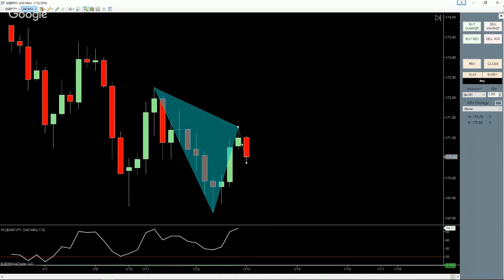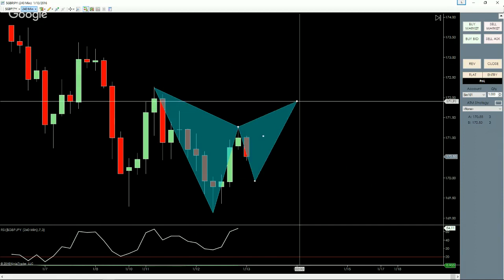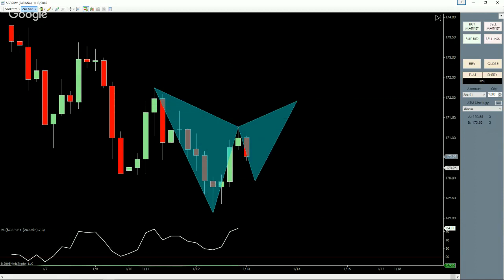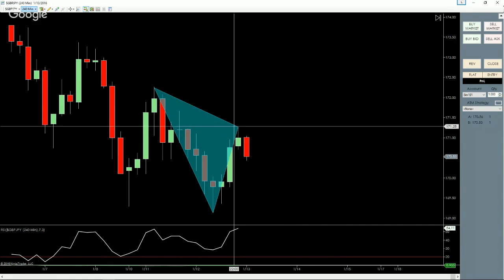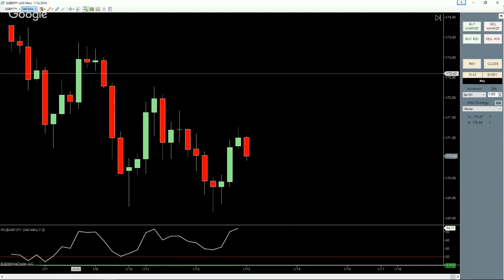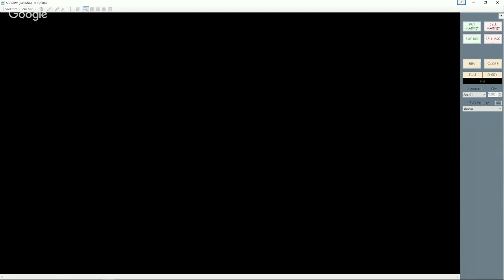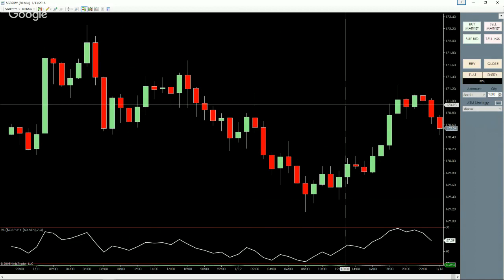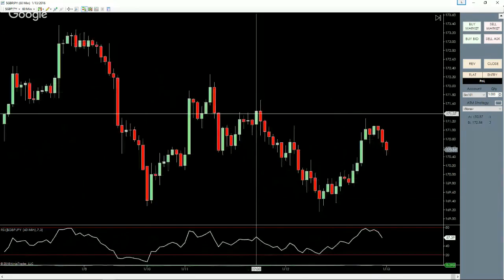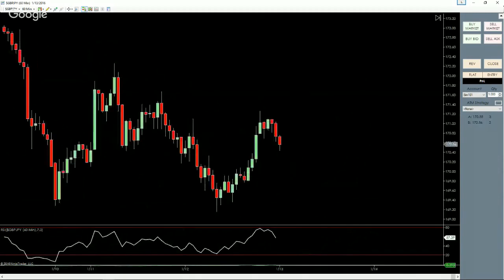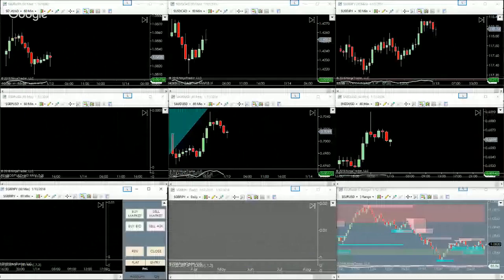However, this still has to get down to our 618 levels before we even consider that as a Gartley. But that's something that you can watch out for. Nothing there. And that's it.